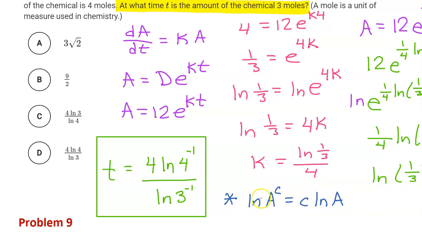In other words, when you have the natural log of something with an exponent, you're allowed to put the exponent in the front without changing the value of the expression. In this case, I can take this -1 and put it out in the front, and I can also take this -1 and put it out in the front. I'm sure you see where this is headed. Now we have a negative divided by a negative, which is a positive. So the answer is D.